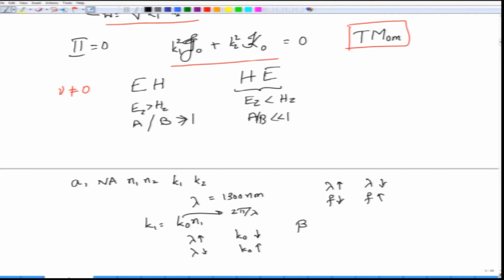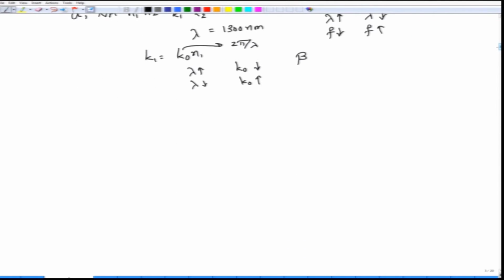So there exists a certain value which is required when you solve that equation. There exists a certain value of beta, which of course lies in between K0 N2 and K0 N1. It might happen in such a way that the product that you are looking at, J0 of UA, has to increase, because U is now changing. U is changing because K1 is changing, beta is changing.